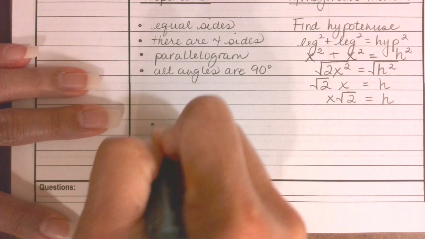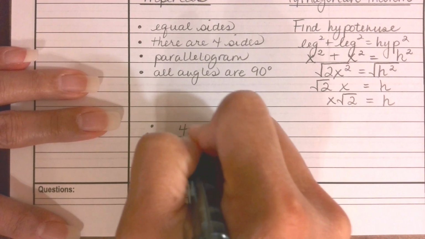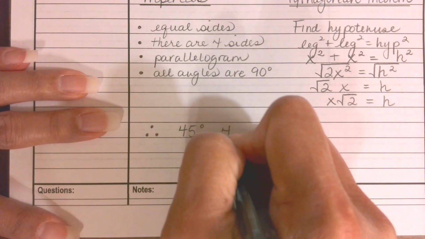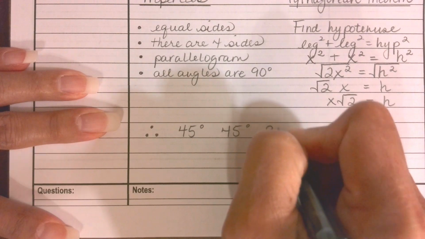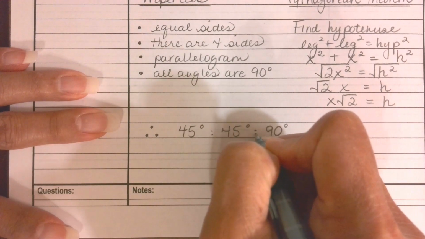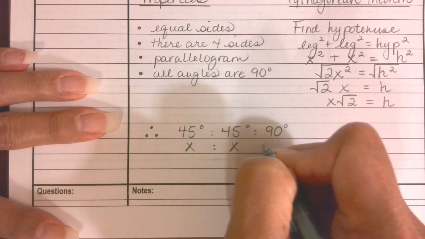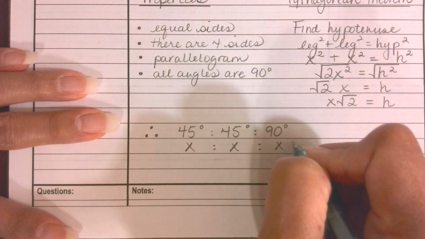Therefore, this is the symbol for therefore, a 45, 45, 90-degree triangle will always have ratios of x, x, and x square root of 2.